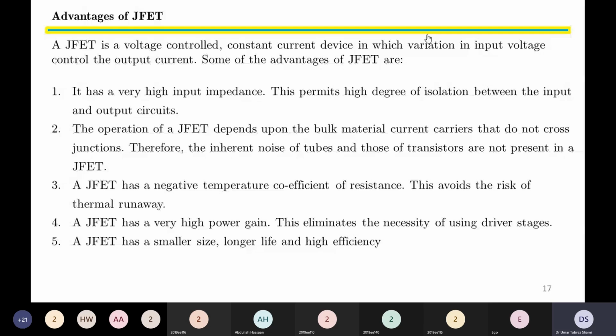It is not like the BJT. In the BJT case, there are two junctions. One junction is between collector and base. The current will find difficulty while crossing the collector-base junction, and secondly, the current will also find difficulty flowing through the base-emitter junction.